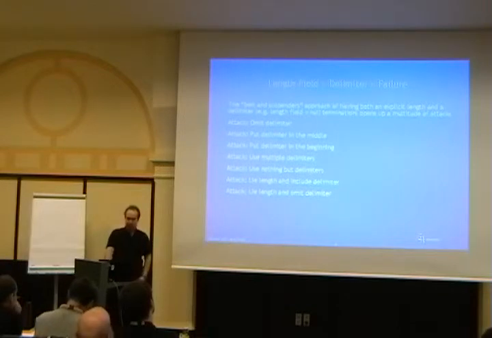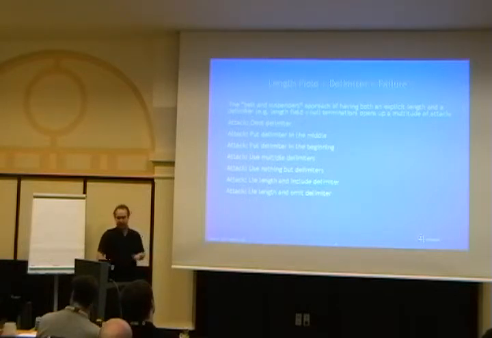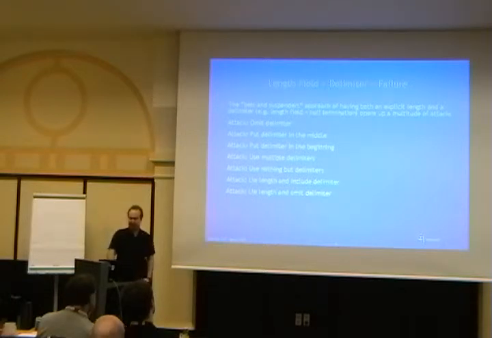Now, if there is a length field and a delimiter specified, that usually leads to catastrophic failure right away. So the belt and suspenders approach of using an explicit length field and then using delimiters in the actual value, a very canonical example being a length field and null terminated strings, opens up a new can of worms.